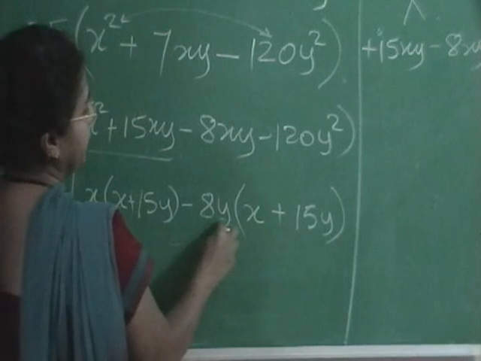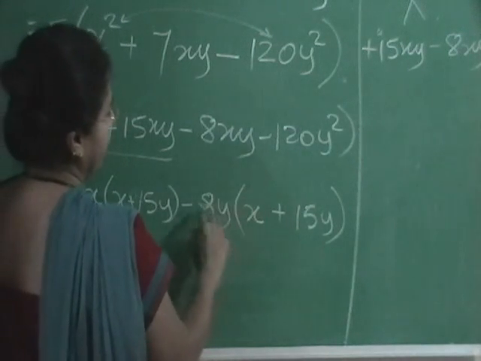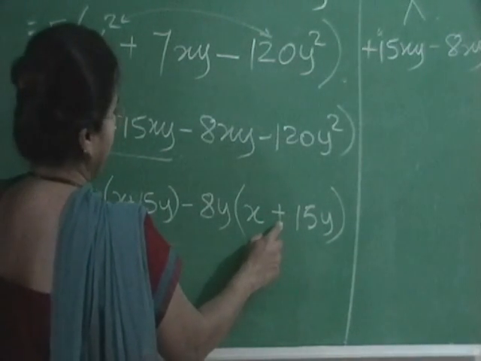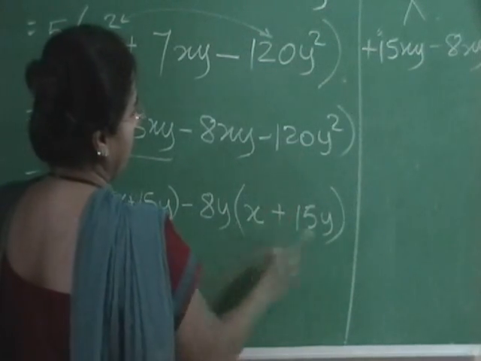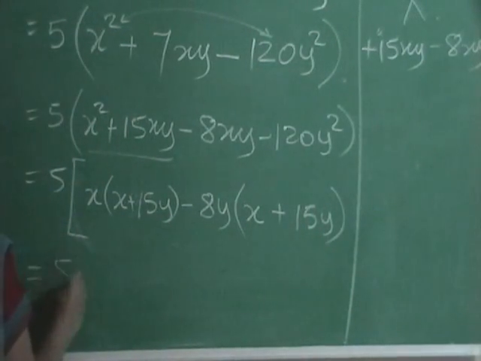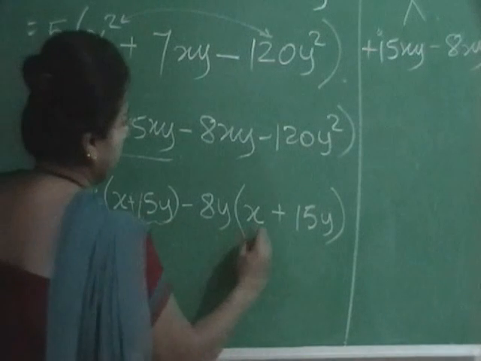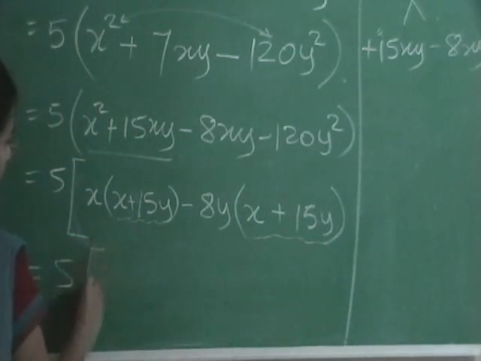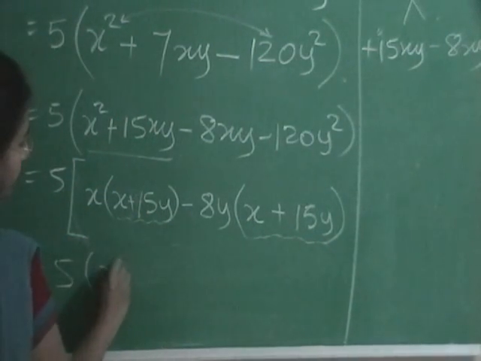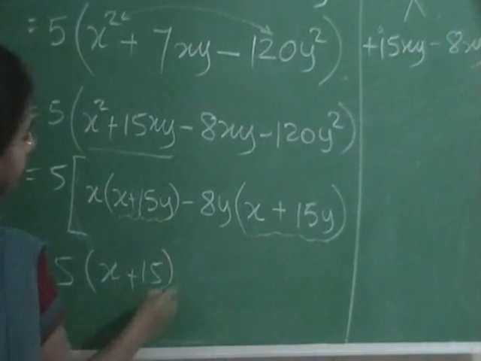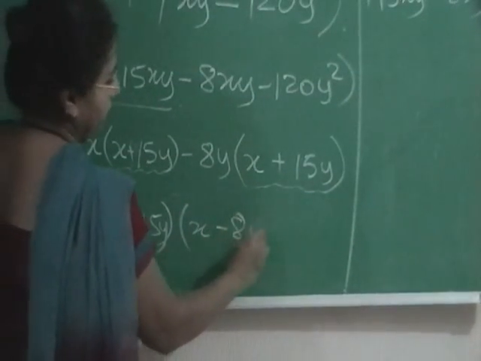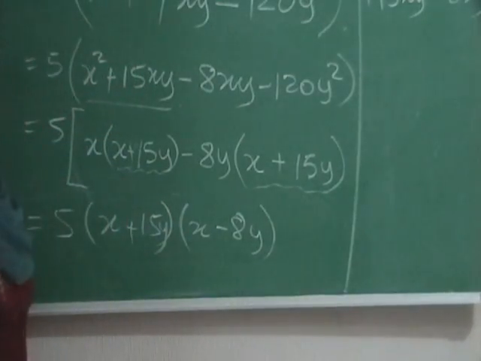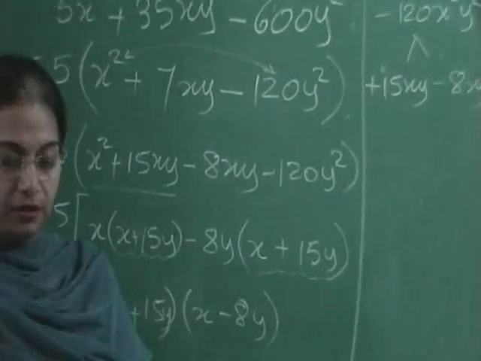Minus 8y into x, minus 8xy, minus into plus minus, and 8 into 15 is 120y square. Now the common bracket is again over here. One bracket I'll keep as x plus 15y and the other bracket is x minus 8y. So these were the example sums which were solved in the textbook.